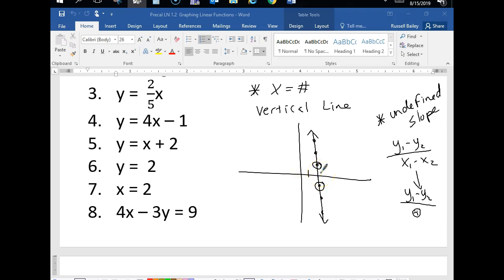Well, since this line is x equals 2, every point, no matter what the y value is, I'll put a question mark there, the x value is always 2, right? So it doesn't matter which point you pick, the x value is always 2, right? So 2 minus 2 would be 0 on the bottom.